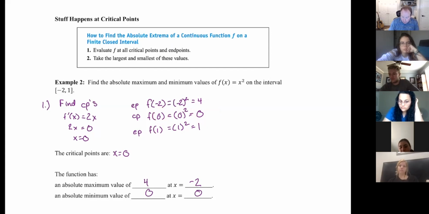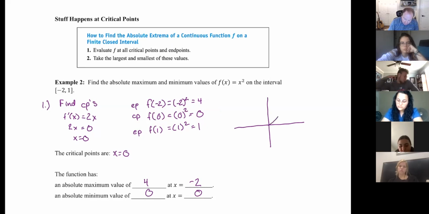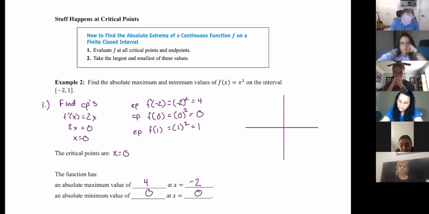So notice again, if we had the graph, and maybe you just thought about it before we got into this, but I'm trying to just show the calculus side of it. The graph of the function, wow, that was atrocious. Let's try that again. Perfect.